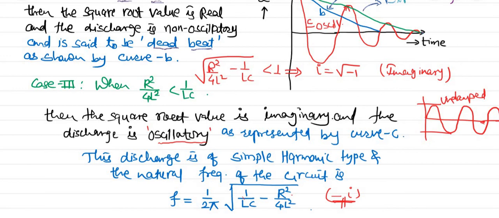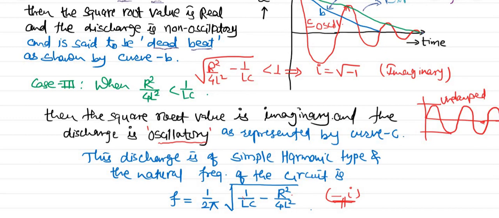Okay, so whatever we have seen in this video is the continuation of our last video, and in these both videos we have completed one article, damped simple harmonic motion in an electrical circuit. We first get the general solution, then find the values of A and B, and then substitute those values of A and B to get three different conditions. One is when R square by 4L square is exactly equal to 1 by LC.